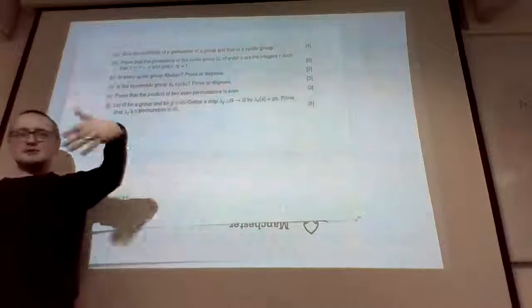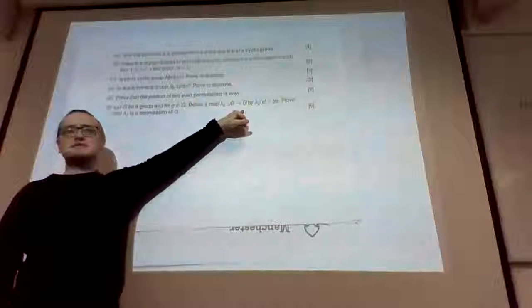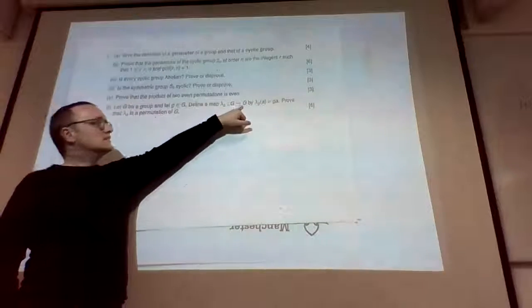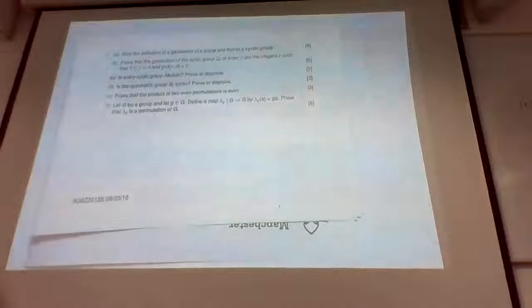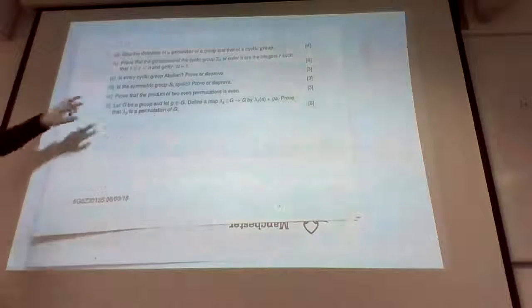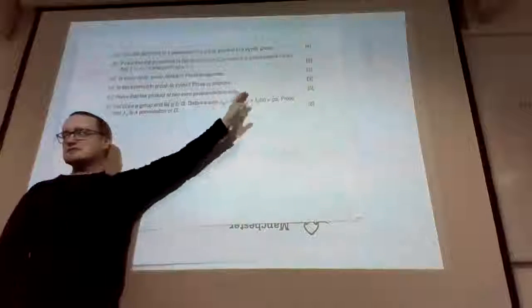Injective. Keep going. Surjective. Bijective. In fact, if G was finite, you wouldn't have had to keep going: injective is enough. But if it's infinite, you need both. If it's finite, injective implies surjective.